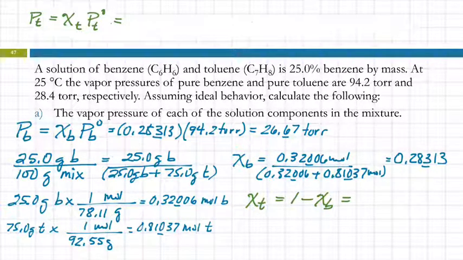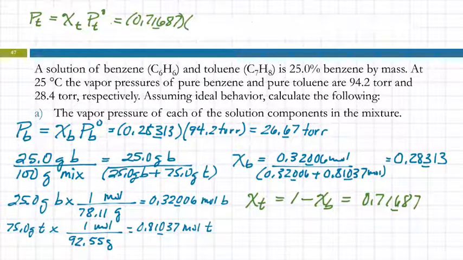So 1 minus 0.28313 is 0.71687. So the mole fraction of toluene is 0.71687, and the vapor pressure of pure toluene is 28.4 torr.